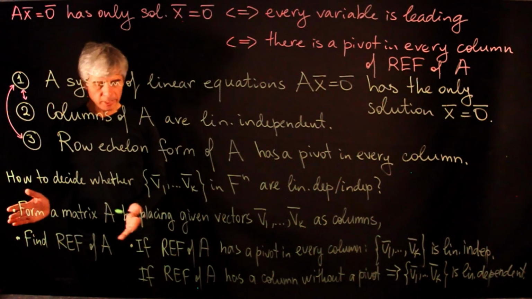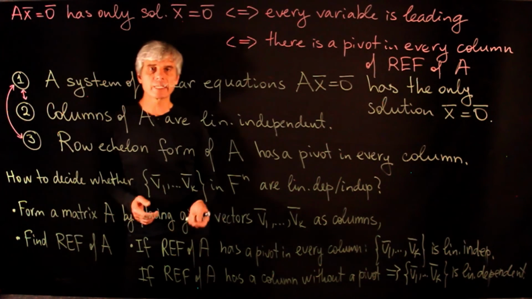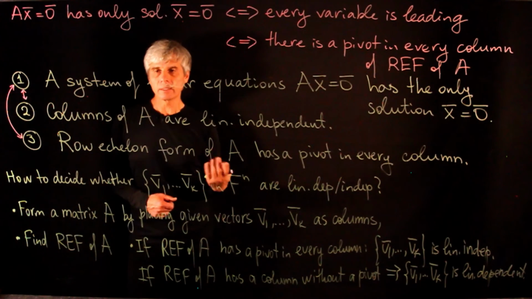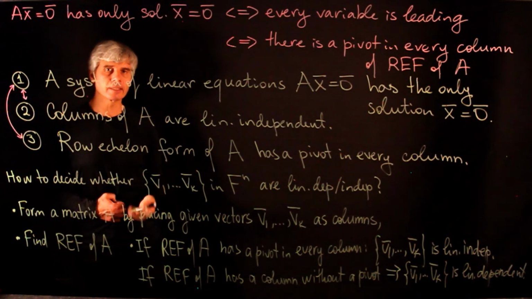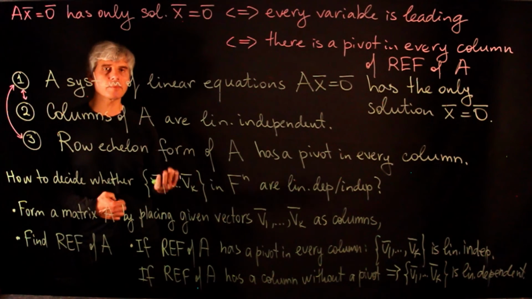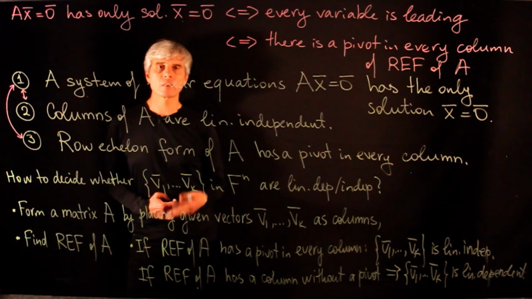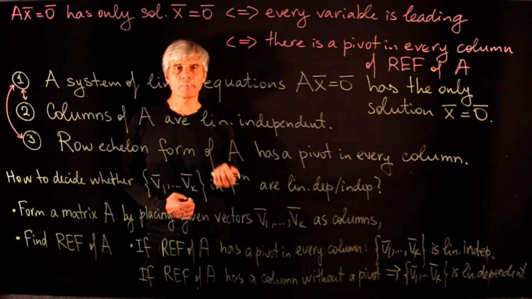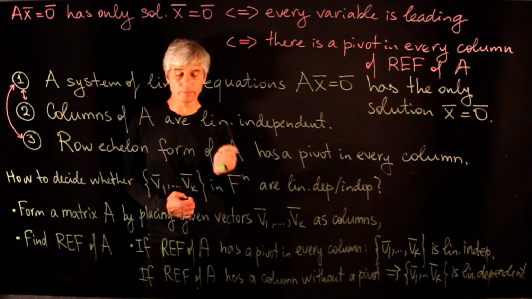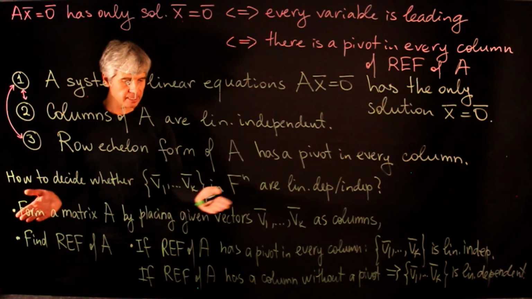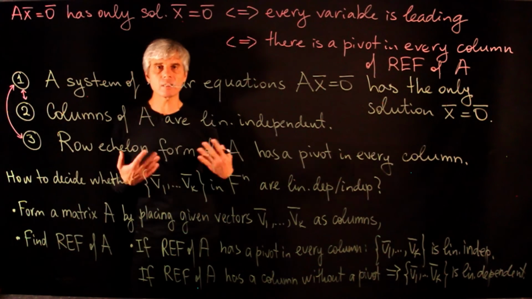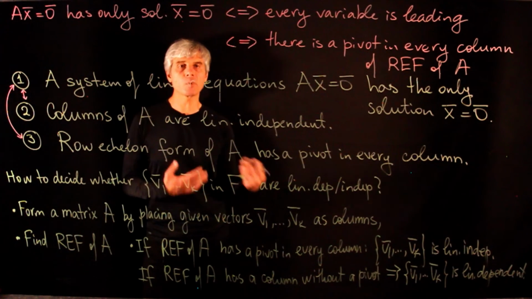So let me point out that this procedure is consistent with our mantra. In the last class we said that when we want to say something about vector equations, then we should form matrices by placing these vectors as columns. And that's exactly what happens here. Linear independence is about vector equations.